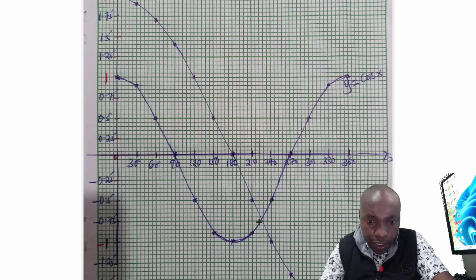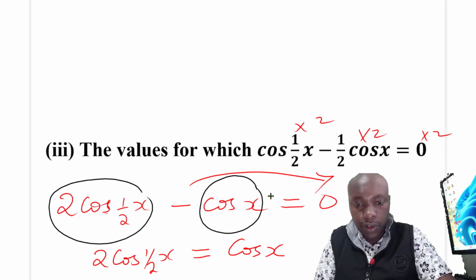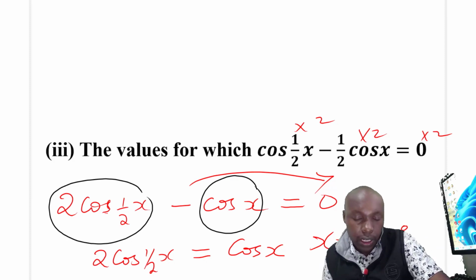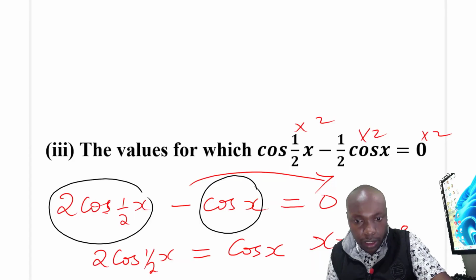That is the point of intersection of the two curves, 225 degrees, and that is the value. The value of x, therefore, will be 225 degrees. Since the point of intersection is only one, that is how you're supposed to work it out.